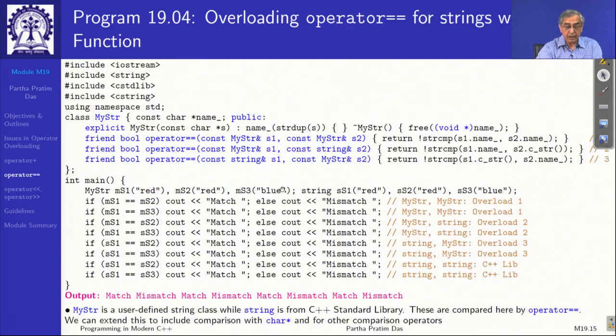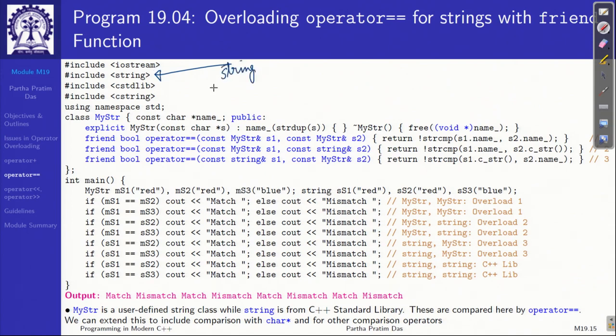Just as an illustration, take a look at overloading a comparison operator, say the equal to operator. So, what am I having? I have included string here because I want to use the string type of the library, and I am defining a class MyStr, which is kind of a simple wrapper string for me, which just takes a C string, copies and makes an object, and later on at the time of destruction frees that up.